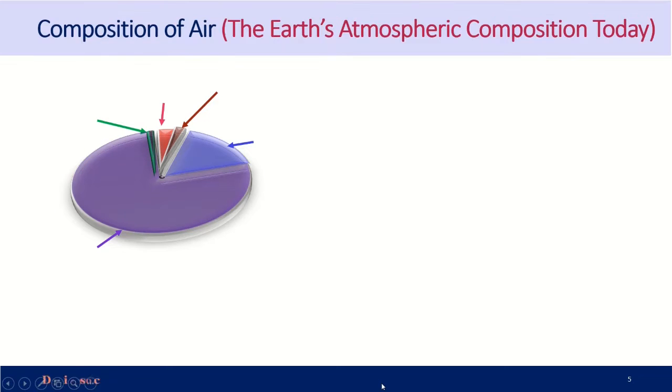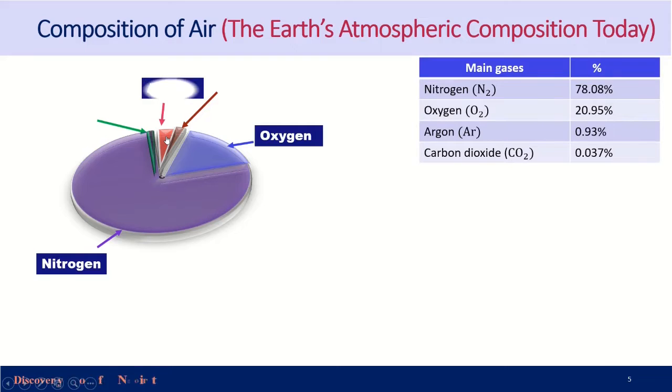Now, let's see the composition of air. The largest portion of the composition of air consists of nitrogen, oxygen, argon and carbon dioxide.